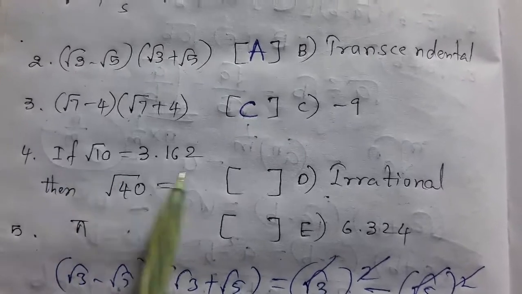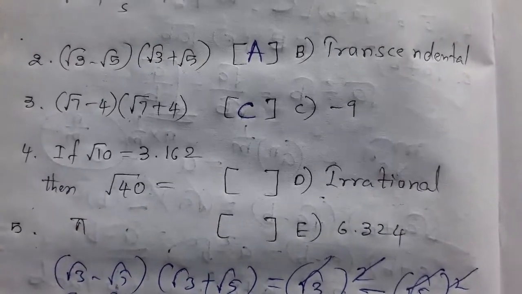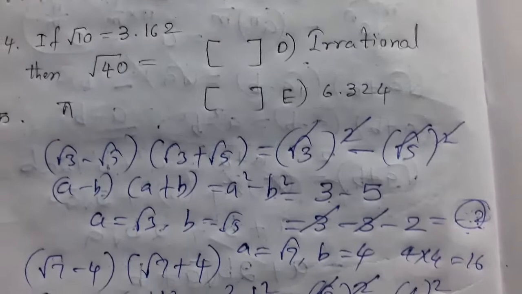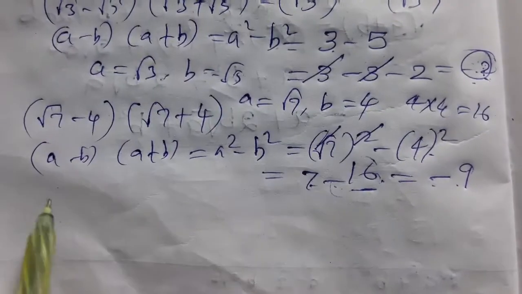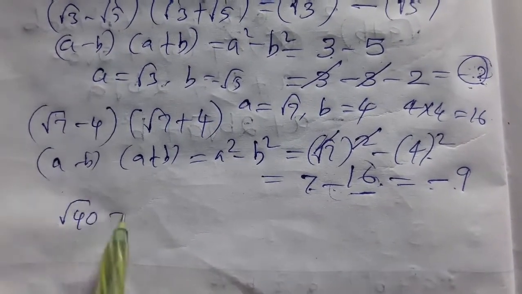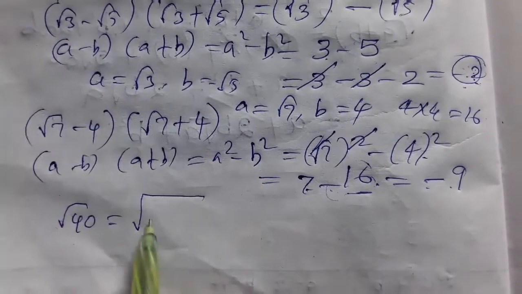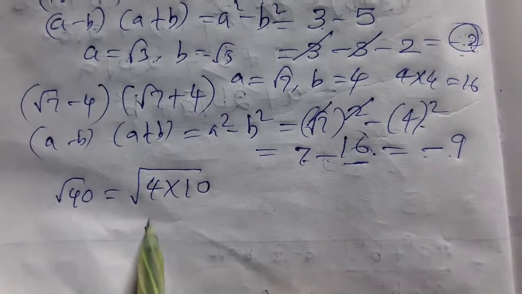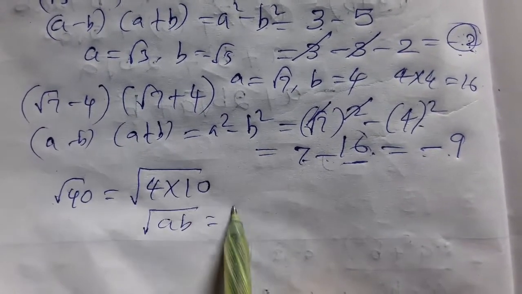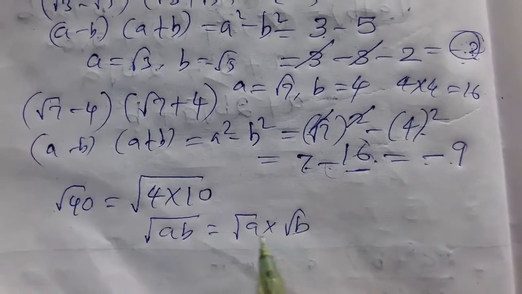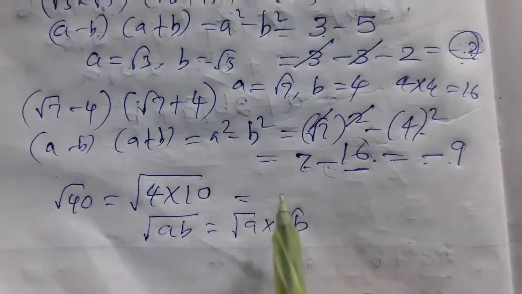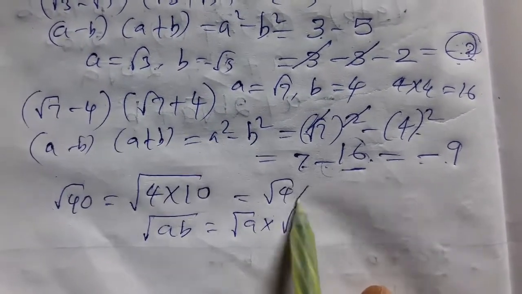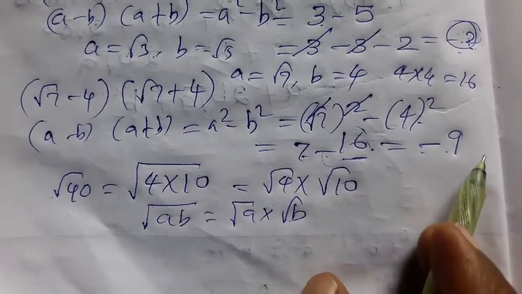See the fourth question. Root 10 value is given, then how much is root 40? Root 40 can be written as 4 into 10, because 4 tens are 40. Under root of ab equals root a into root b. So root 4 into root 10.